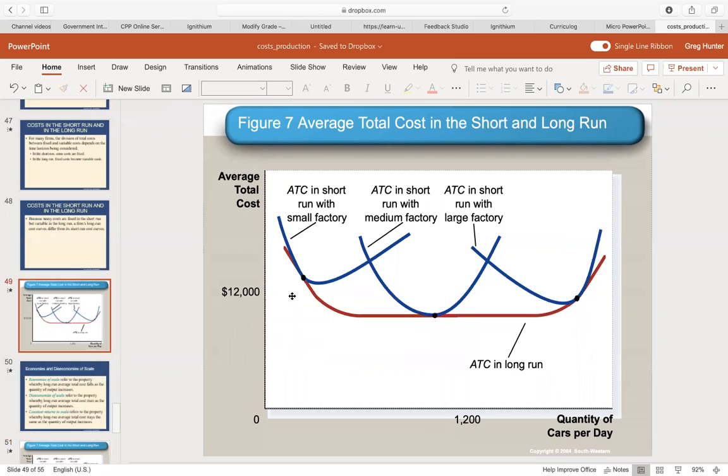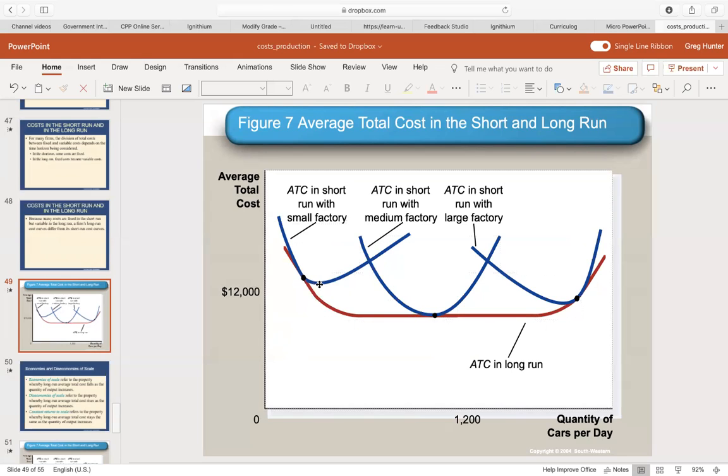So our long run average total cost curve, notice that you have one point that it shares in common with each of these. This is just an example of 3 different short run average total cost curves, all of which are U-shaped. And the idea here is, so suppose that you're going to have a small factory, meaning you're planning small scale production.